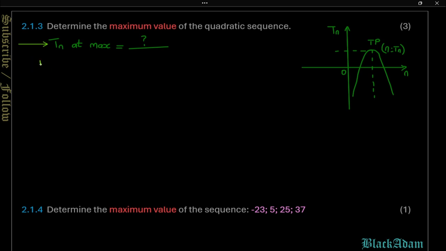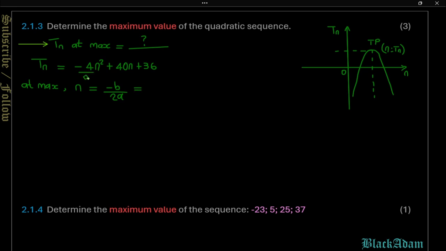So as a result, we know that Tn is equal to negative 4n squared plus 40n plus 36. So that's our equation. And then at max, we can derive that as well, but we can just use that at max n is equal to negative b over 2a.